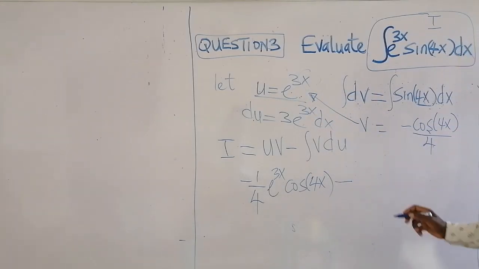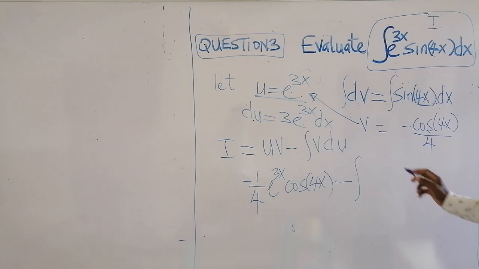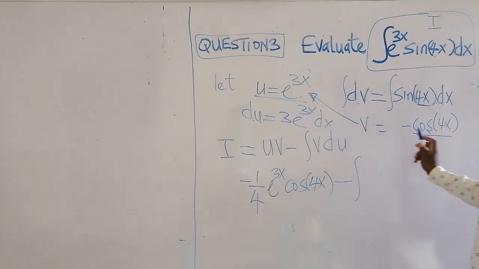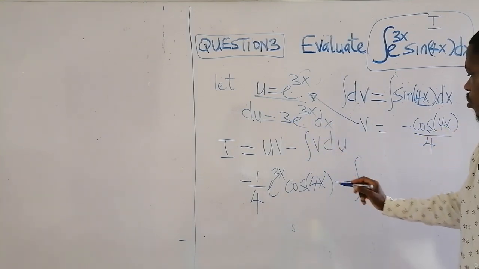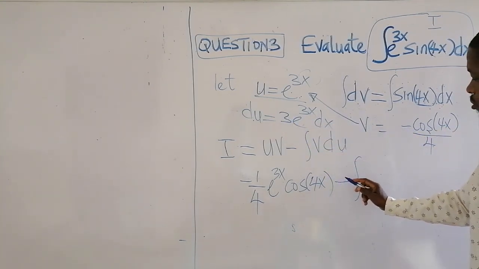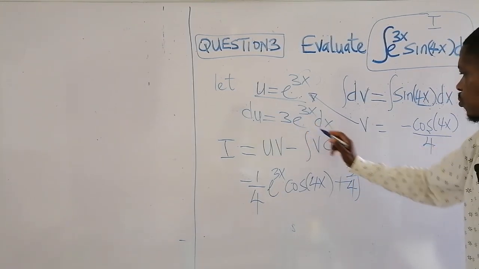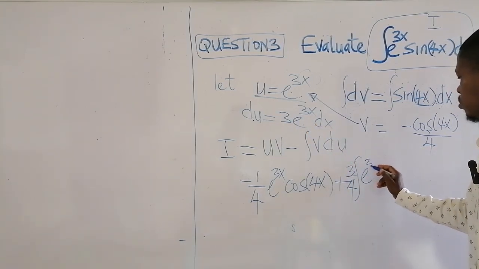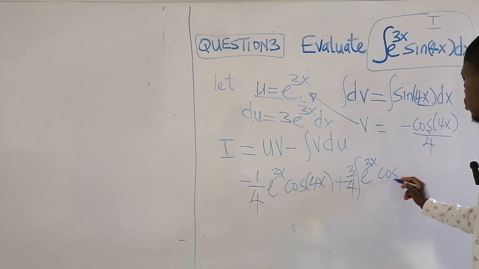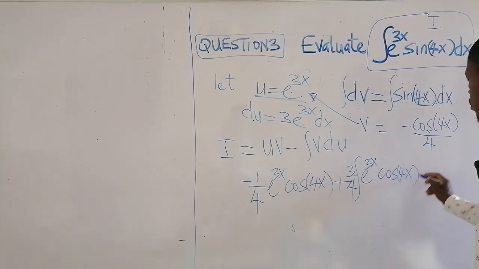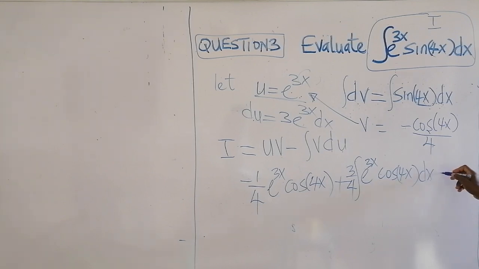Then minus the integral of v du, so I'm combining this one with this one. I can take this minus 1 over 4 outside, times 3. The minus is there, the minus in the formula, so that will be plus 3 over 4, and then we have the integral of e to the power 3x cos 4x dx. Then if you look at your solution where we are now, I'm going to start from that place.